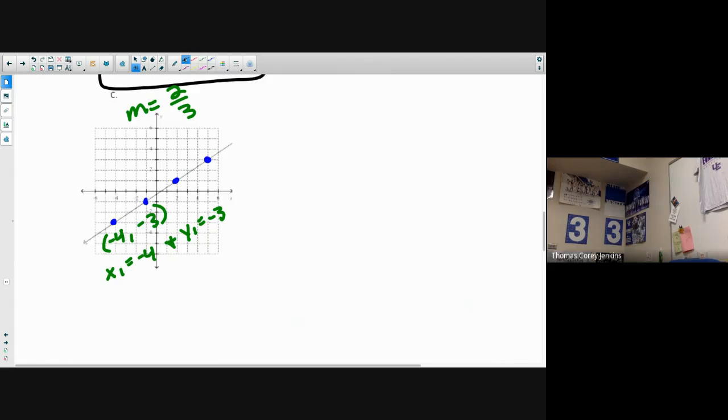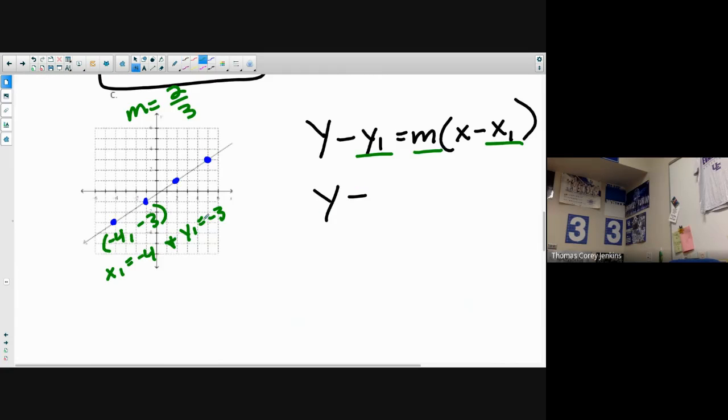All right, and then our formula, I'm copying down right now. y minus y1 equals m times the quantity x minus x1. And remember, we sub in here, here, and here. x and y stay. So when we do that, we get y minus, it says -3.